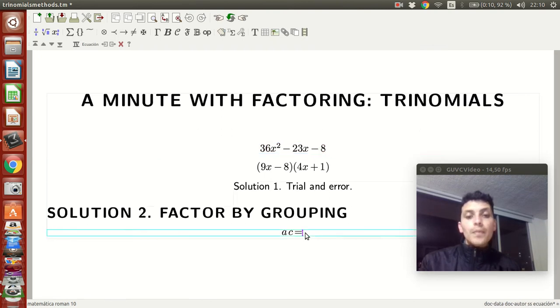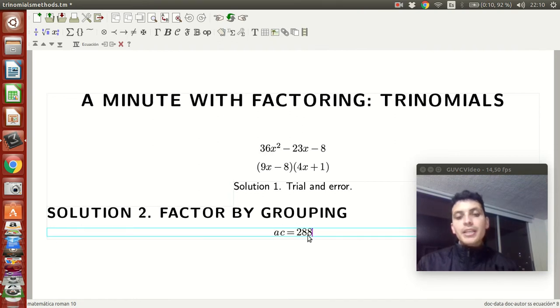So 36 times negative 8 is going to be negative 288. And we need to find two numbers whose product is negative 288 and whose sum is negative 23.